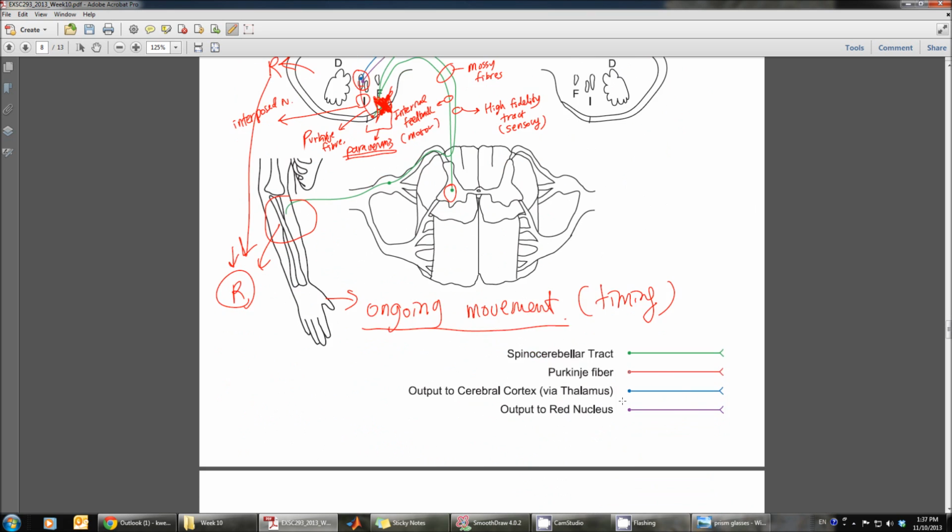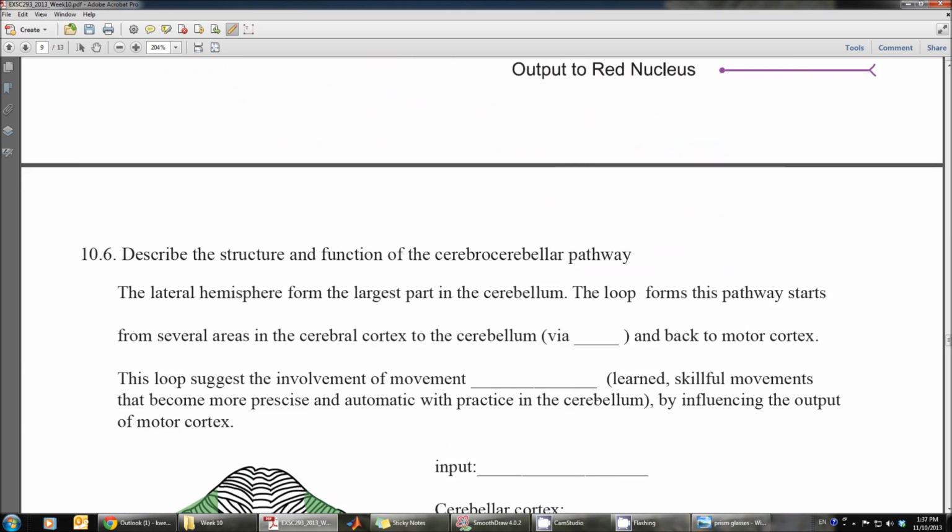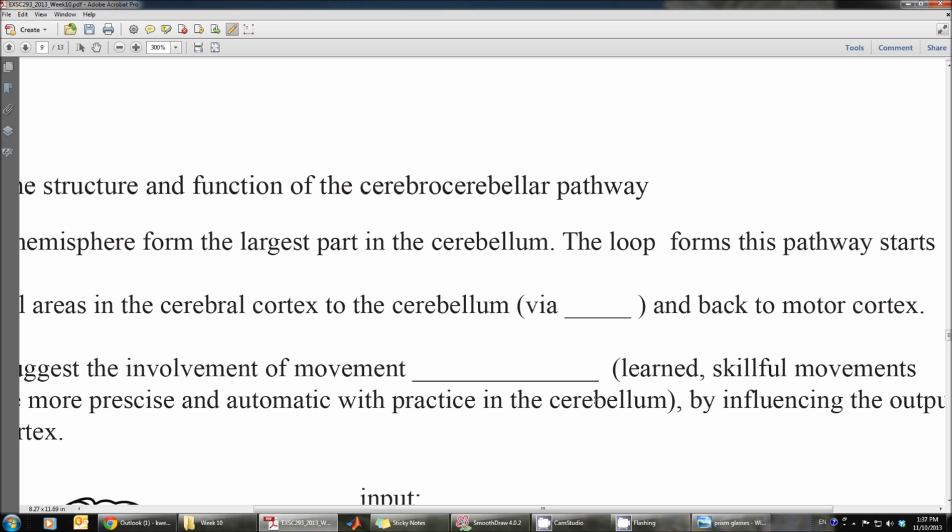Our last pathway is called the cerebrocerebellar pathway, and it also follows the same sequence. There's an input, it goes to the cerebellar cortex first, then to the deep nuclei, and then to the output. The input is from the cerebrum, as the name implies, the cerebro.